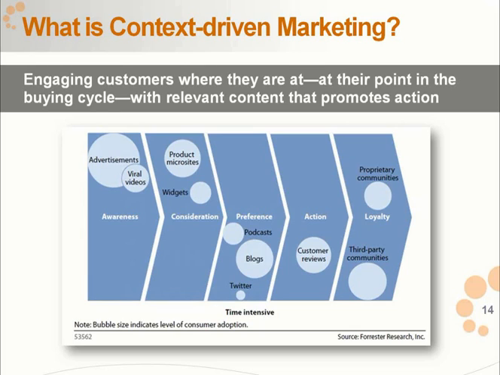So what is context-driven marketing? The way we look at it is we've grabbed this graphic from Forrester. It's about engaging customers right through the buying cycle at every point, from top of the funnel awareness down to action, and then post-action once they're a customer to convert them and make them advocates.